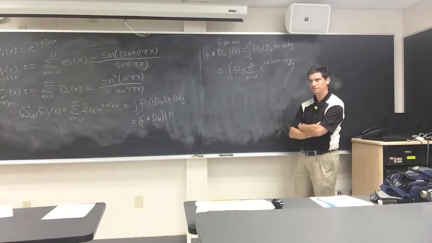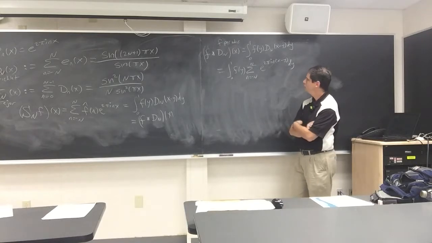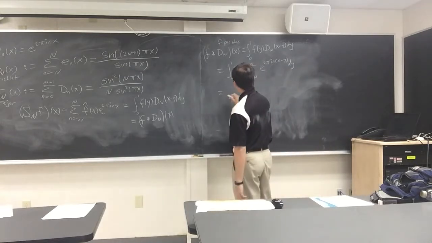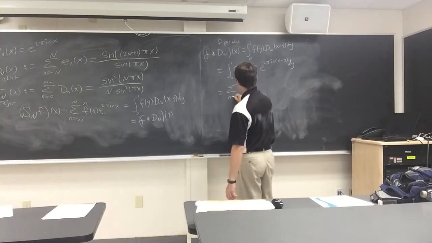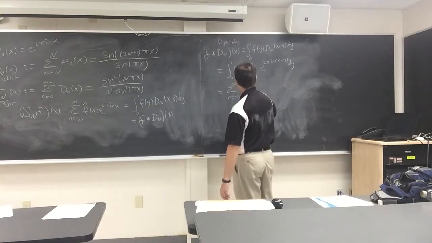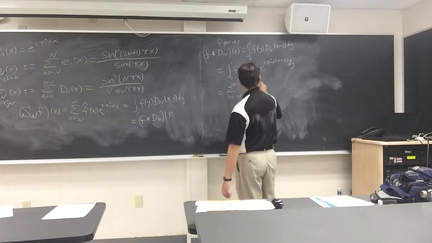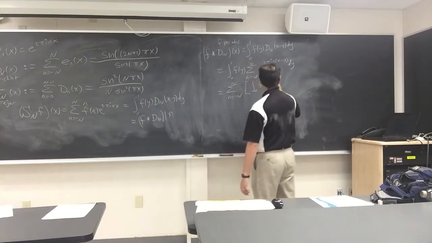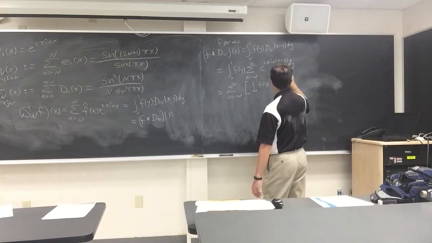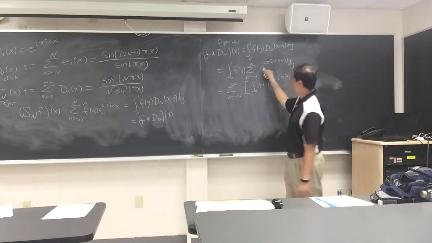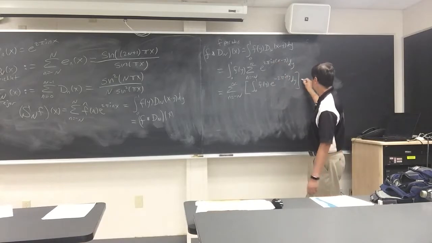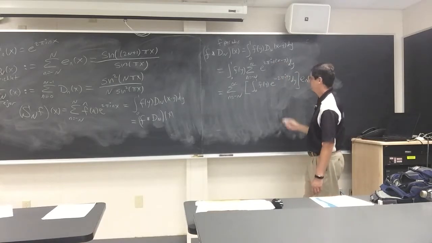Right? Okay, so this is the same as the sum, n goes from minus N to N, the integral from 0 to 1 of f of y e to the negative 2 pi i n y dy, and then I have an e to the 2 pi i n x. That's just e_n of x.